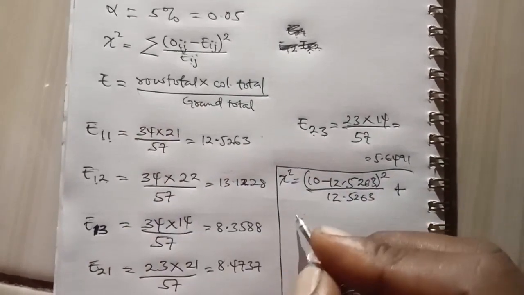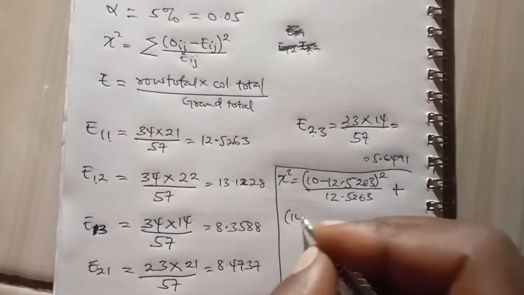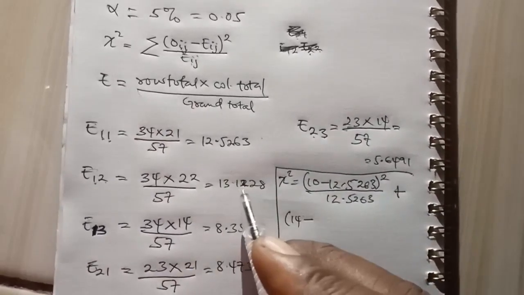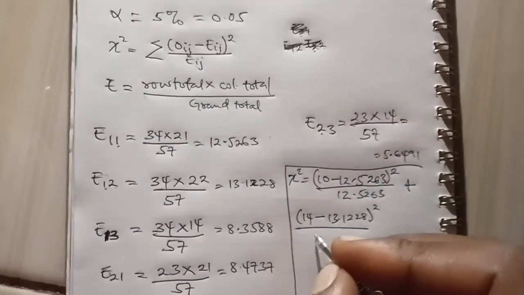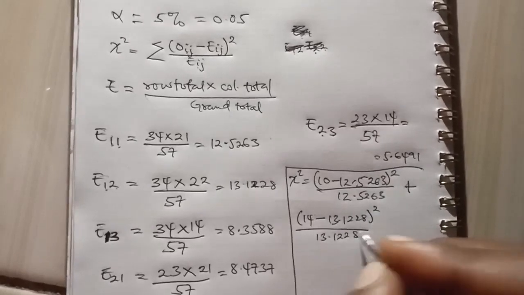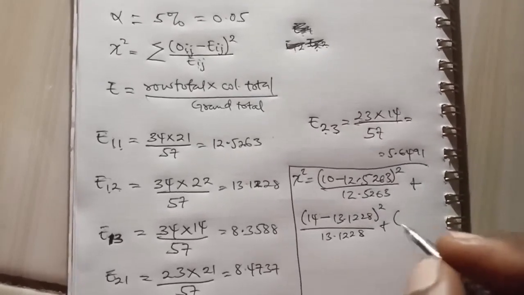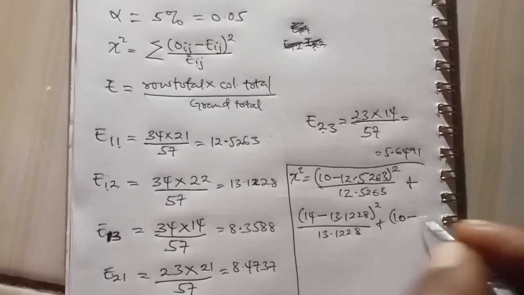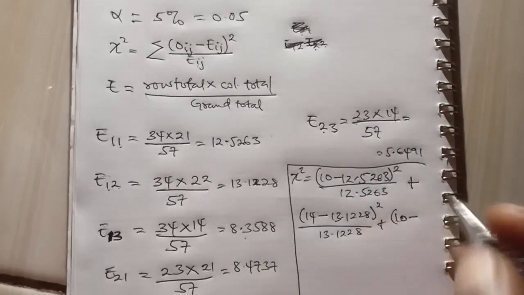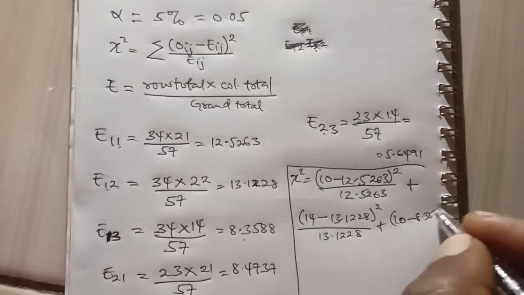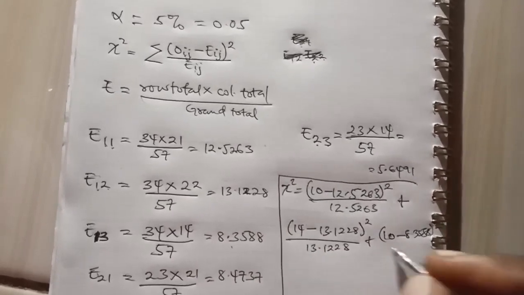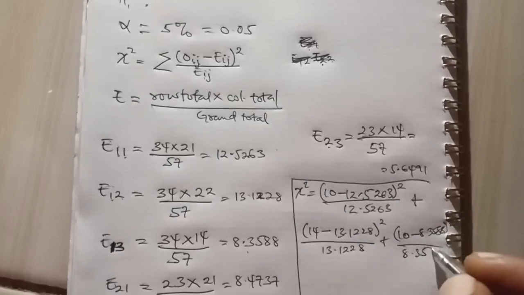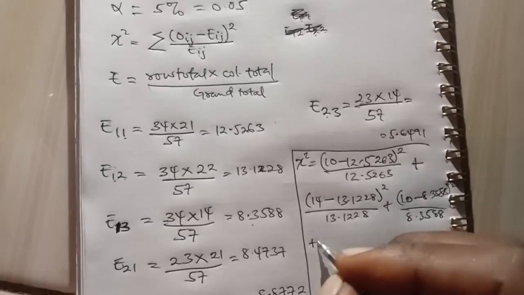The next one in the table is 14, so 14 minus the second expected, 13.1228, all squared over 13.1228, plus the next one, 10 minus the expected value of the next one, 8.3588, all squared over 8.3588.